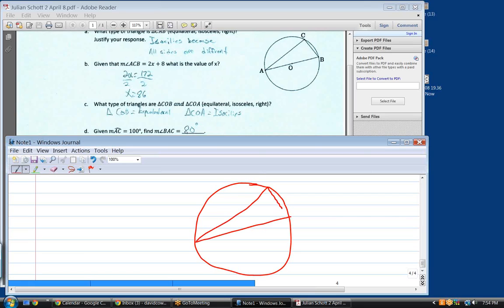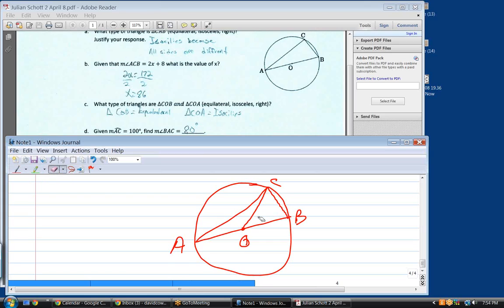So there's their triangle. So they say triangle COB would have to be, I would have to draw that line right there. And then we're talking about that triangle. What kind of triangle is that? A right triangle? Does it look like a right triangle?